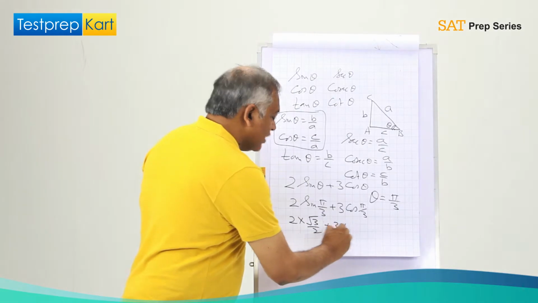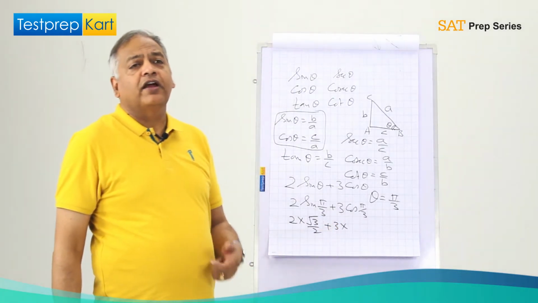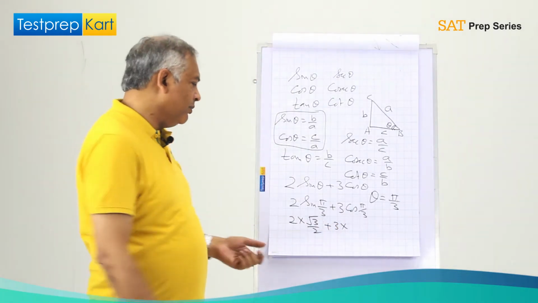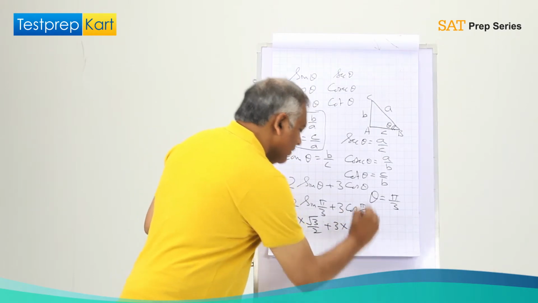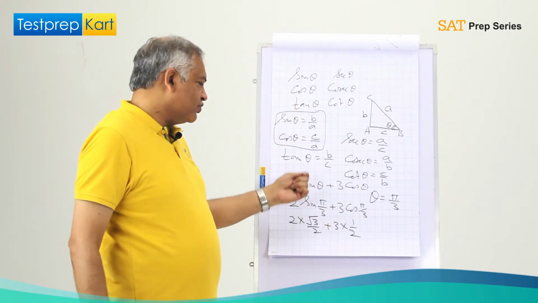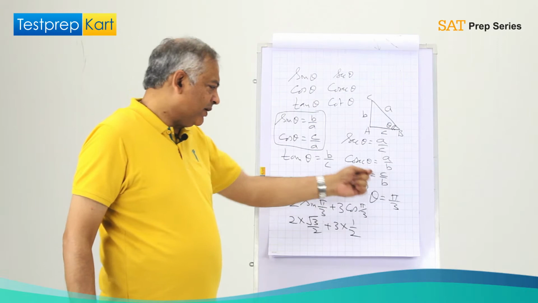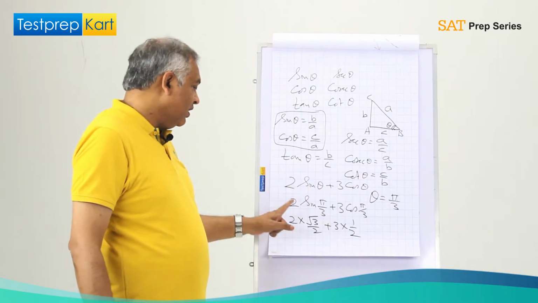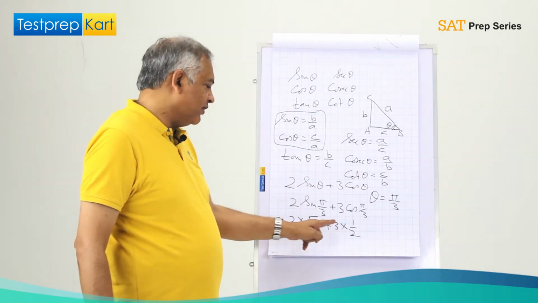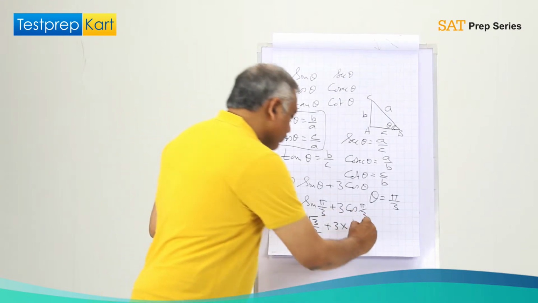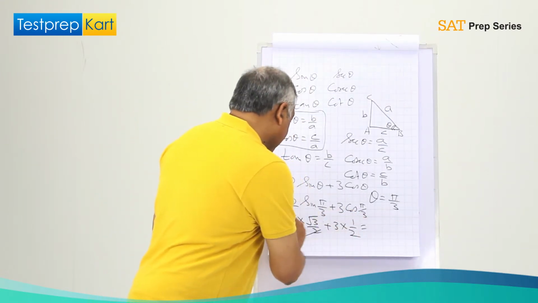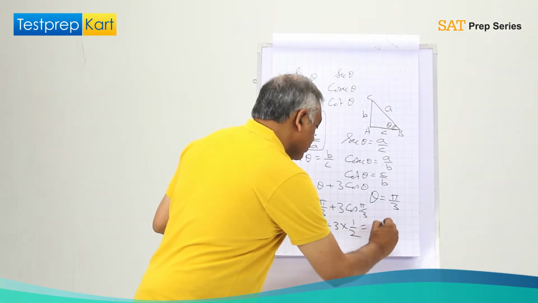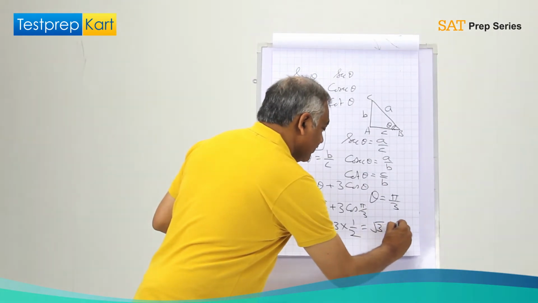Cosine pi by 3 is cosine 60 degrees, and the value will be 1 by 2. So the expression 2 sin theta plus 3 cos theta at theta equal to pi by 3 will be 2 into root 3 by 2 plus 3 into half. The 2 cancels, and it will be root 3 plus 3 by 2.